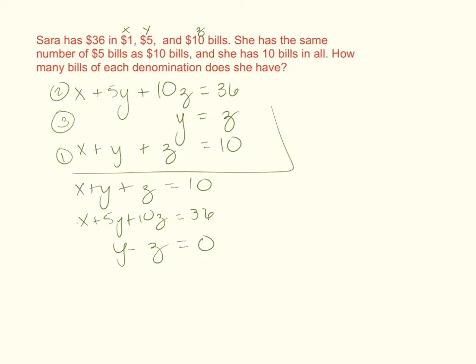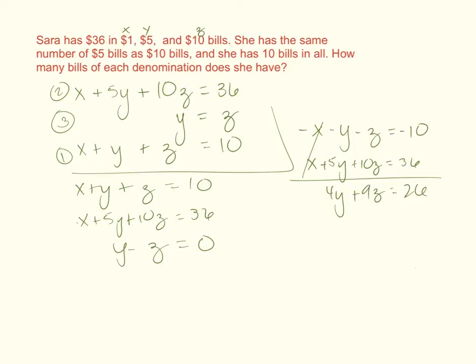I'm going to get rid of the x's in my third equation so that I can use it to solve with my second. So I'm going to take my first and transform by multiplying by a negative, and copy my second. The x's cancel. I get 4y plus 9z is equal to 26.